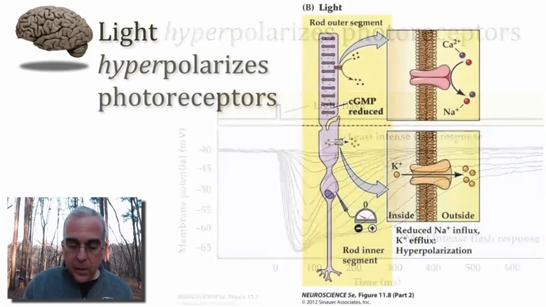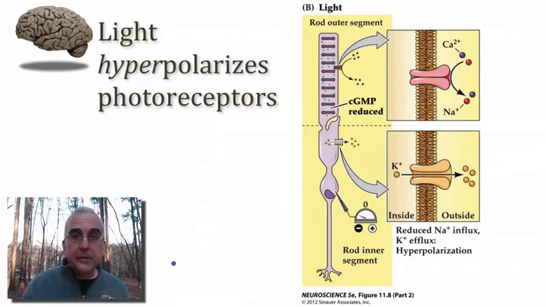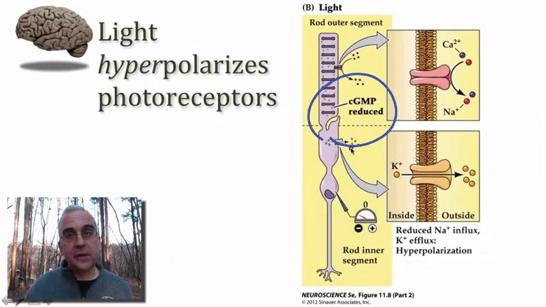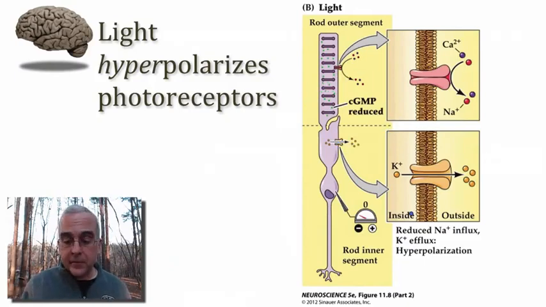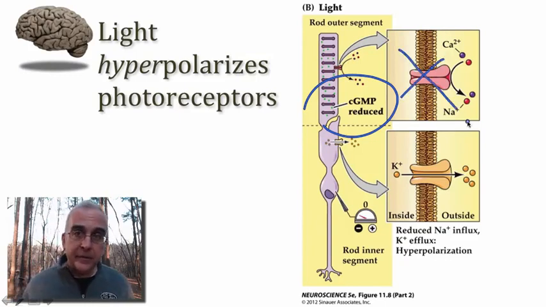Well, when light strikes the outer segments of the photoreceptor, there is a series of molecular events that lead to a reduction in the concentration of cyclic GMP. So when the level of cyclic GMP is reduced, then these channels close. And the closure of these cyclic GMP-gated channels means that calcium and sodium can no longer enter this cell and support its depolarized state.